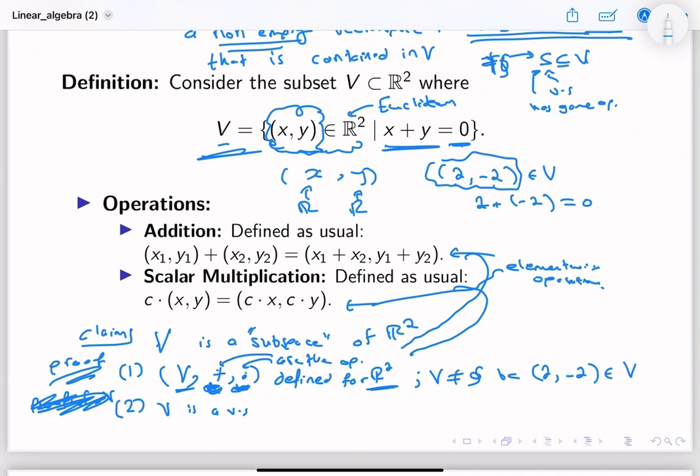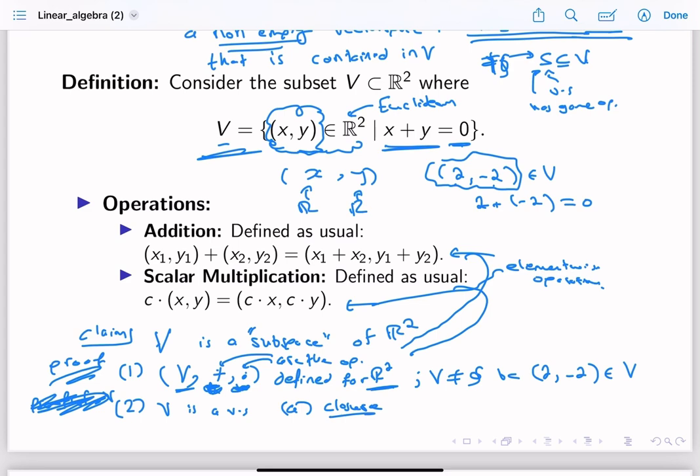But what does it take for V itself to be a vector space? Well, we said that there are three important things to check. The first thing is that V is closed under addition and scalar multiplication. So the first thing we need to check is closure.